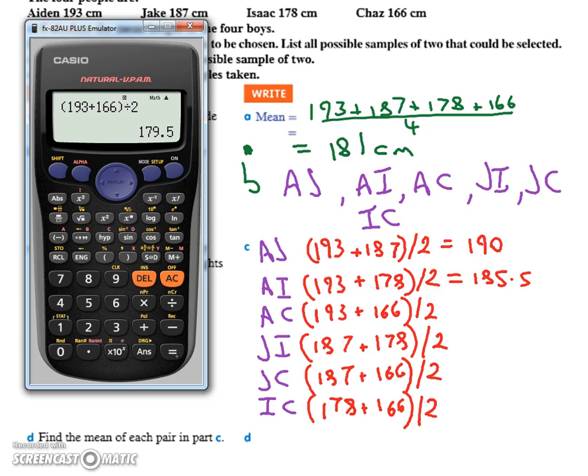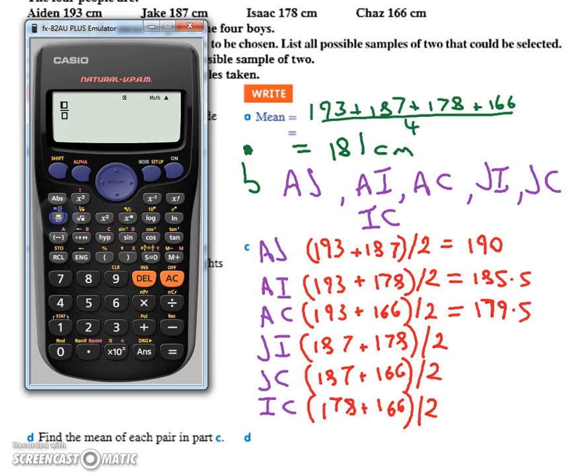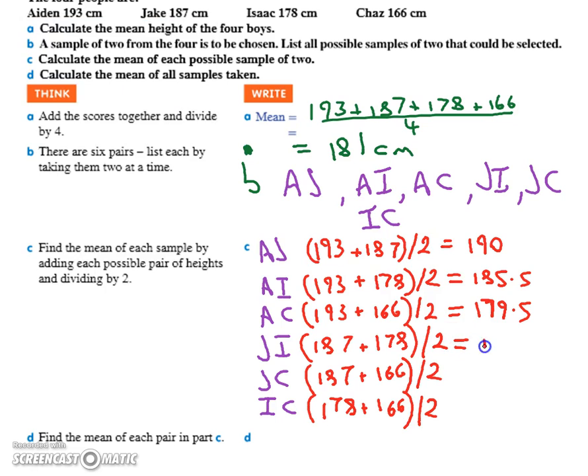You can do the whole thing in one go. Or you can actually do it as a fraction if you want. Still gives you the same thing. The only trouble is that'll give you an answer as a fraction if it's got a decimal, so you've got to press your button. It's divided by 2. It's just the slash, the oblique.